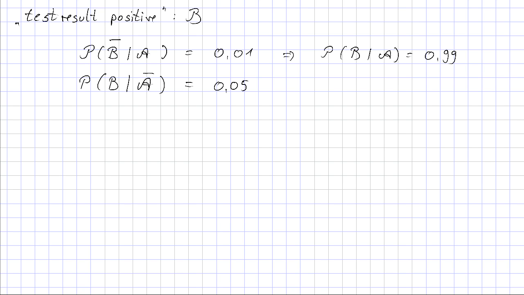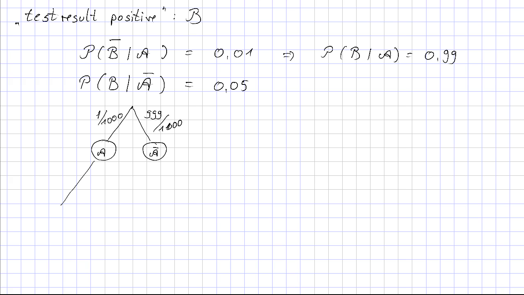Let's start with this tree diagram thing again. So somebody is either having a disease or not. So that was 1 in 1,000, and that's of course then the complementary case.